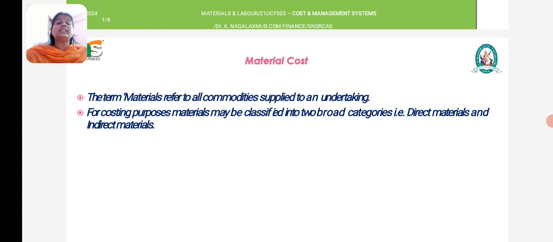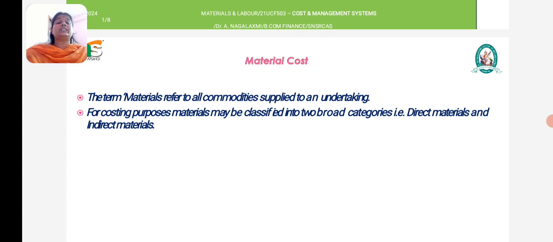So materials means all commodities supplied to an undertaking. What are all the raw materials needed in converting into a finished product? All those raw materials are said to be materials, which will be supplied by some other suppliers to the undertaking.